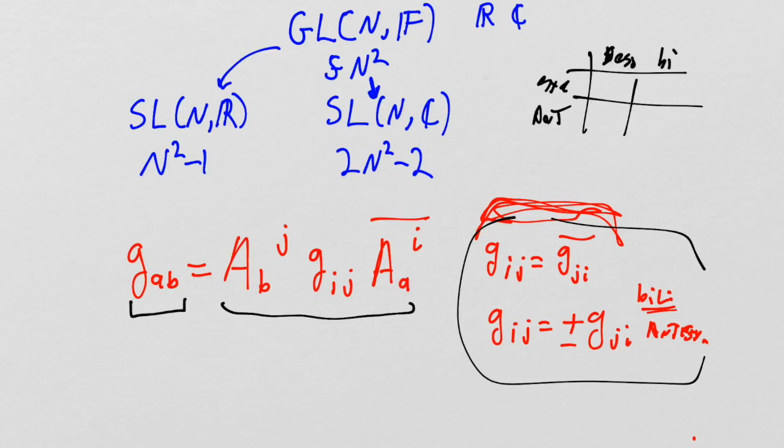But these symmetry properties connect AB with BA. So let's just consider the circumstance where A is greater than B, because when A is less than B, we just use the symmetry property to flip them around, right? So we get one constraint for every circumstance where A is greater than B.